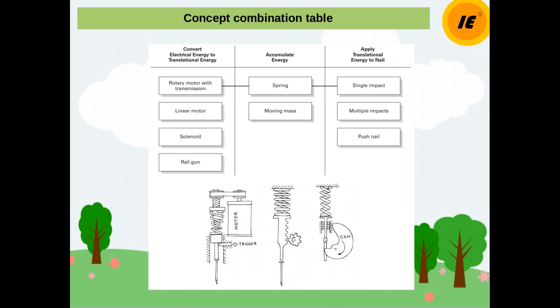Then when you consider rotary motor with transmission, spring, and single impact, you have this kind of design, or this is the possible way. I don't even understand the figures because I'm not really a mechanical engineer, but you get the idea.